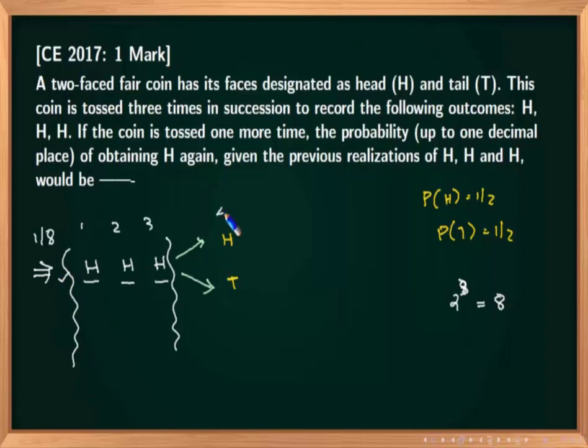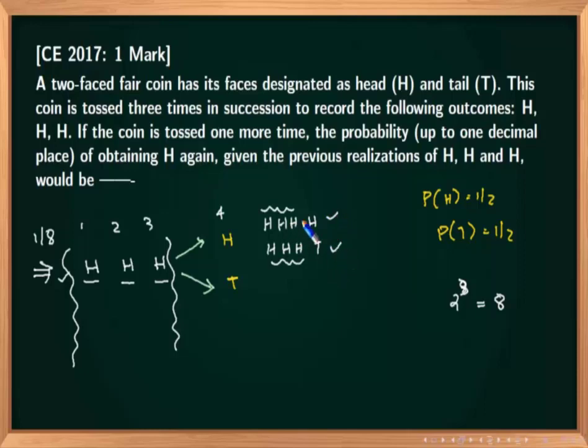So if I go for the 4th toss, the possible outcomes will be H, H, H, H or H, H, H, T, because I don't have a different option. For the first 3 tosses, it is given that they were all heads, which means that these 2 are the only options I am left with, and these 2 are equally probable.